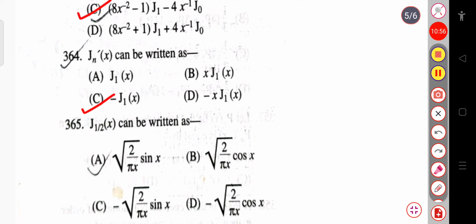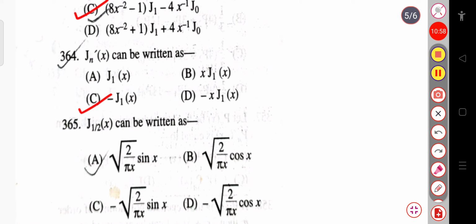Then J half of x, I have already told you, is root over 2 by pi x into sin x. And also J minus half of x is root over 2 by pi x into cos x. So for J half x it is root over 2 by pi x sin x, and for J minus half x it is root over 2 by pi x cos x.